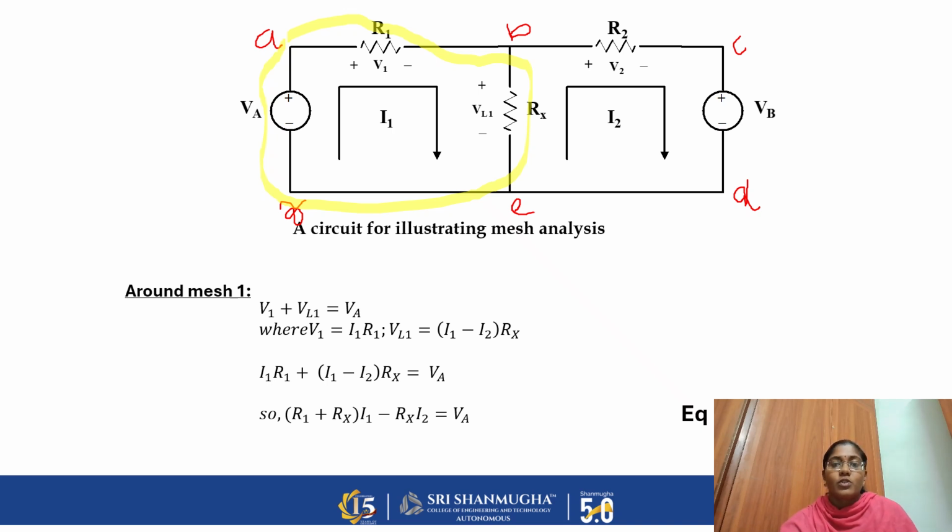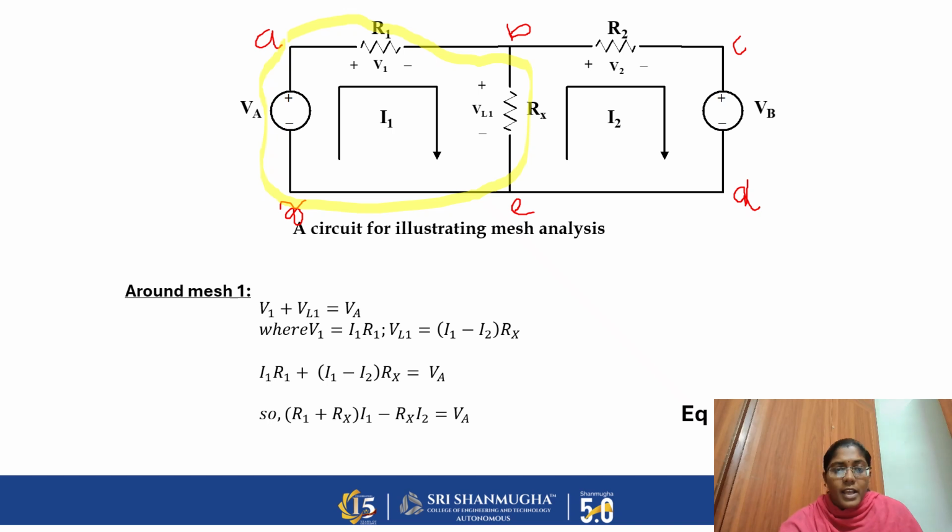So the sum of voltage drops can be written on the other side of the equation. Here we find only one voltage source, right? So the voltage across the voltage source VA is written on one side, and on the other side we have two resistances: the voltage across R1 is V1 plus the voltage across Rx is VL1.